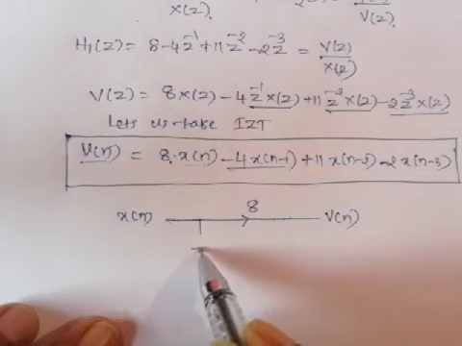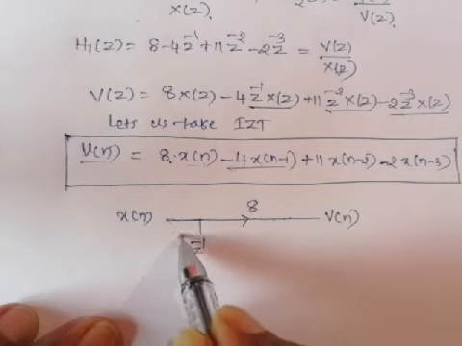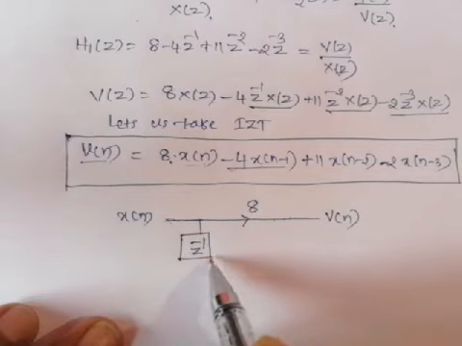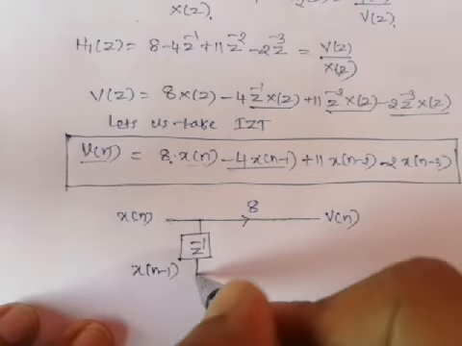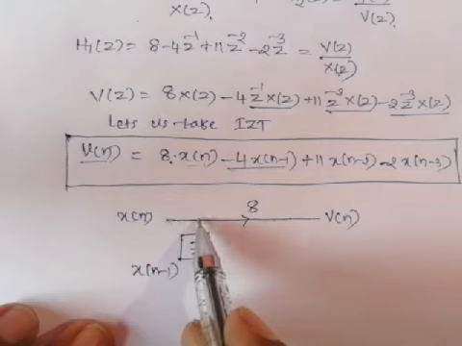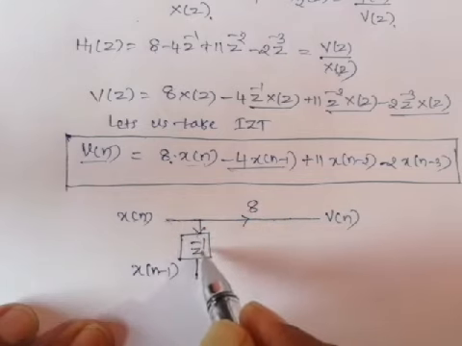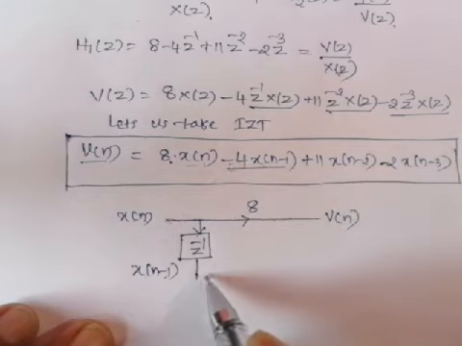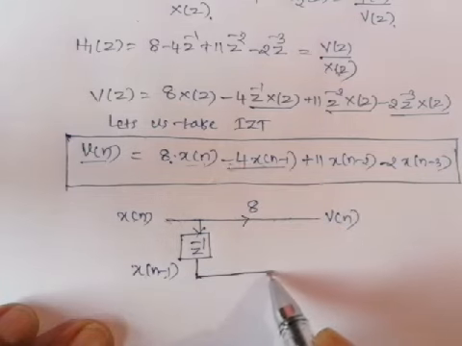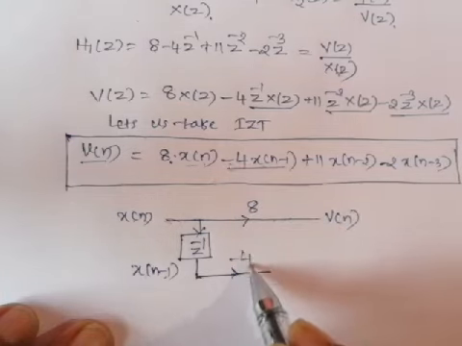So let us make use of one delay element, z to the power minus 1. In this stage, x of n is delayed by one time, hence it is x of n minus 1. That is multiplied by the coefficient of minus 4.